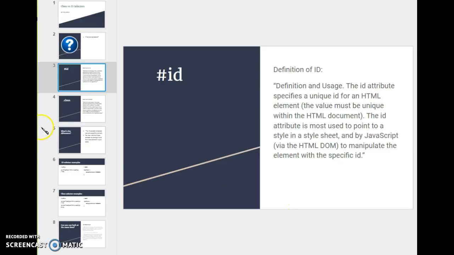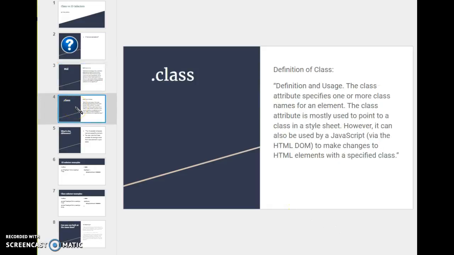So the next selector we have is the class selector. We also have the definition and usage here, which means the class attribute specifies one or more class names for an element. The class attribute is mostly used to point to a class in a style sheet, also CSS.